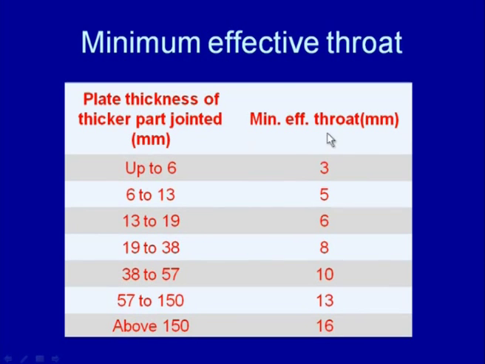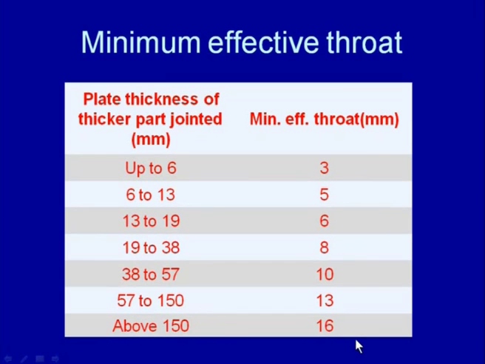These are the minimum effective throat thicknesses of the weld which should be deposited for developing a sound weld joint without development of cracks, and above 150 mm thick plates, a minimum 16 mm fillet weld size must be developed.